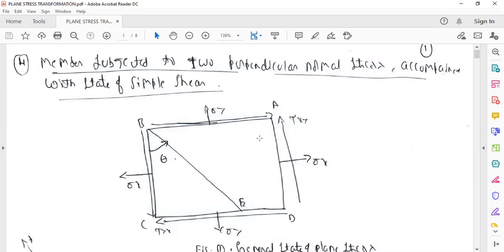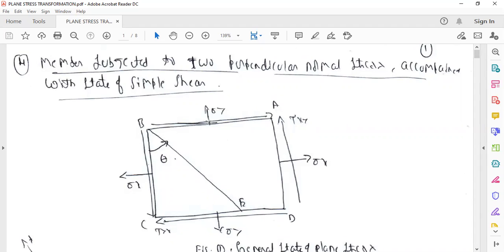We'll find the planes of maximum shear stress, and then we'll substitute those angles into the tangential stress equation, and we'll obtain the magnitude of maximum shear stress. And then, since these planes are also accompanied by normal stresses, we'll find the normal stresses. And then finally, we'll be plotting that. Okay, this is how it goes.